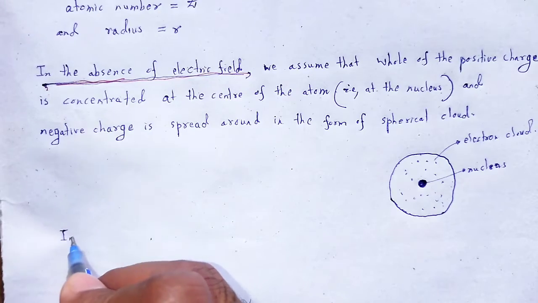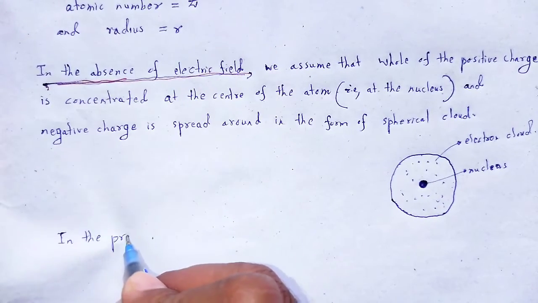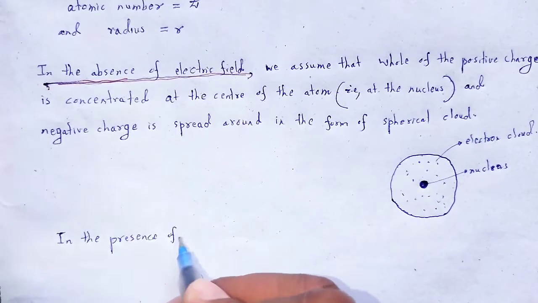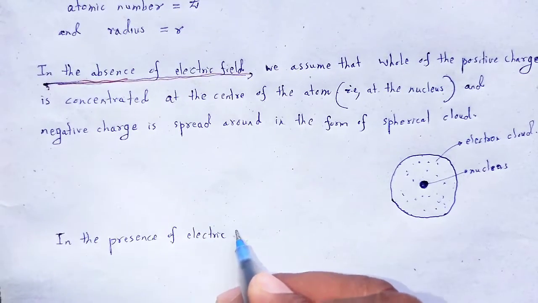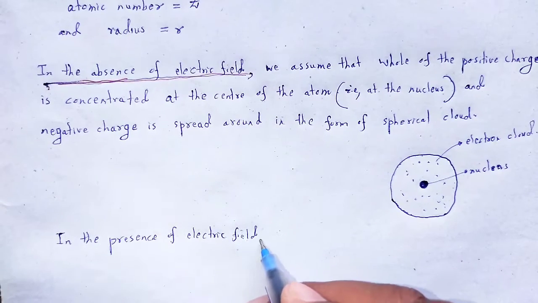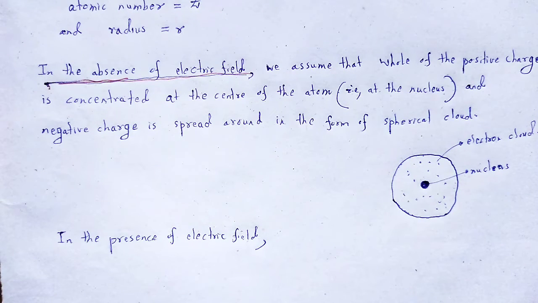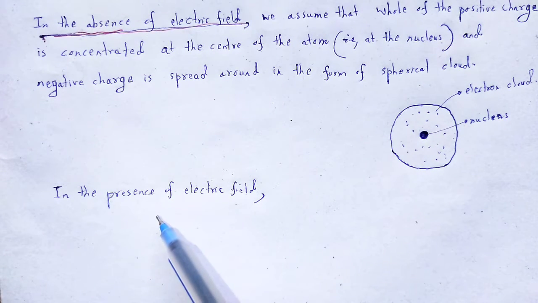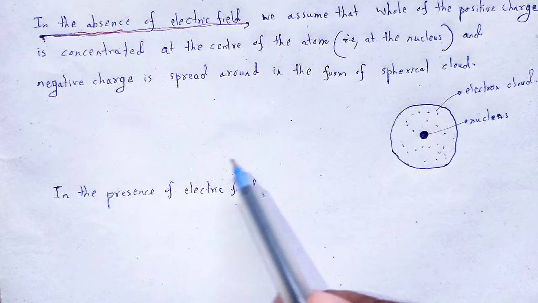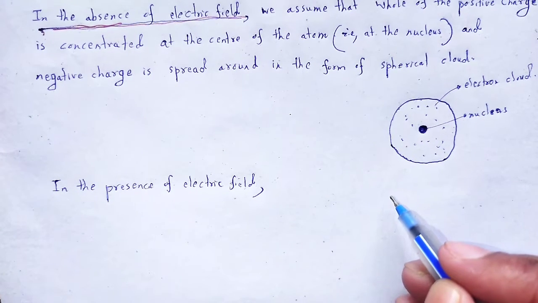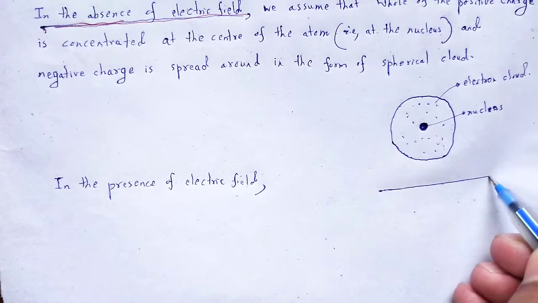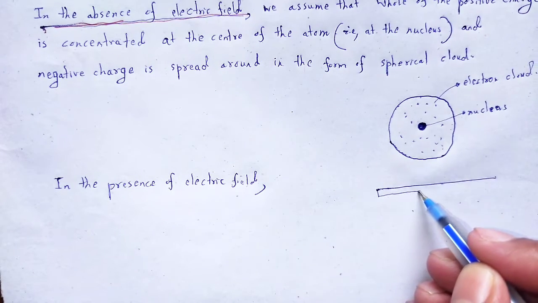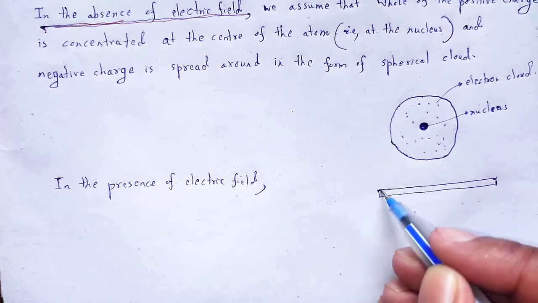In the presence of an electric field, what happens? In order to create an electric field, let me choose a charged parallel plate capacitor.